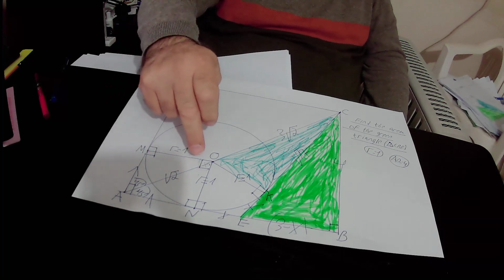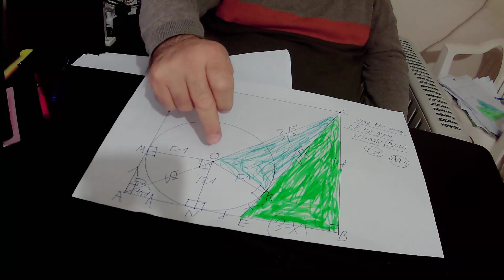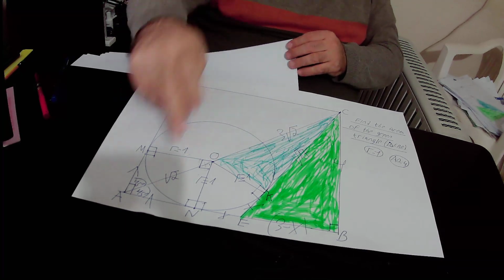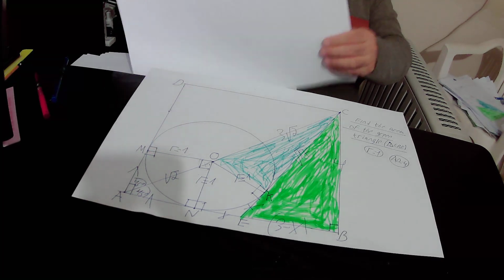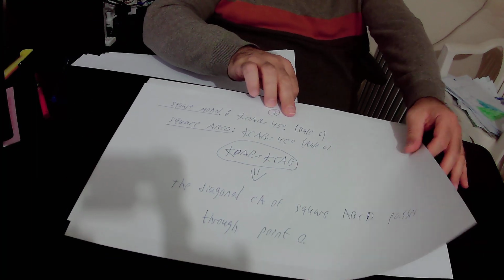Therefore, it doesn't matter at all if we refer to this angle that equals 45 degrees as angle OAN or as angle OAB. So we refer to this angle as angle OAB. So according to rule number 6, angle OAB equals 45 degrees.